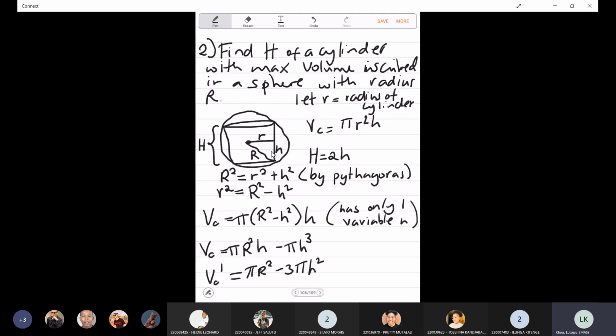Okay, I see what I did wrong here. My formula is not correct. So here, this should be capital H, not small h. The reason this is capital H is because capital H is the height of the cylinder, not this one. Okay, too many big and small letters.